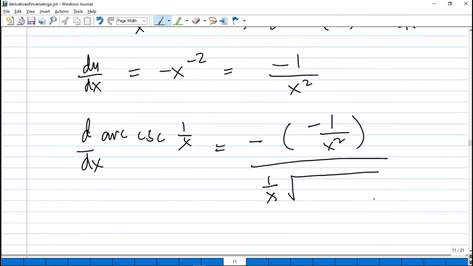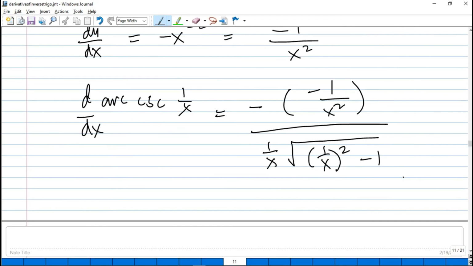Okay, so we have here u squared minus 1. Then we just simplify this. Okay, this is y, so dy over dx equals, so negative times negative, positive siya. But this x squared can also be placed here on the denominator. So this becomes 1 all over x squared.